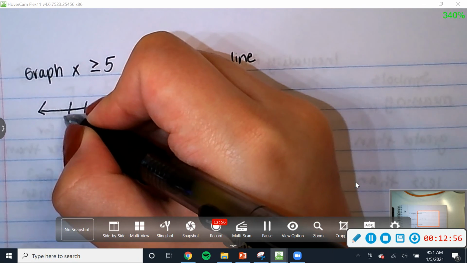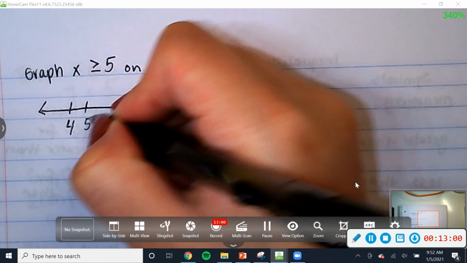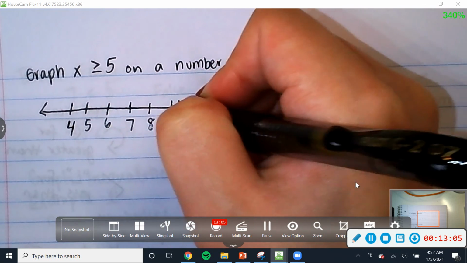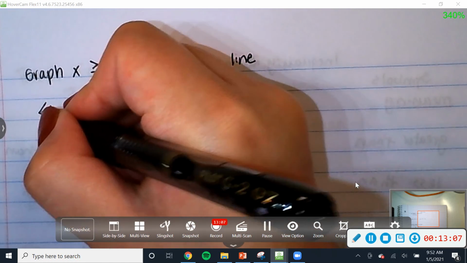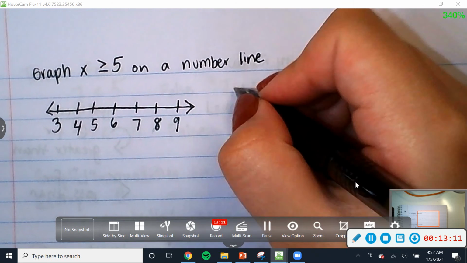Okay, so let's say our number line is here. We have 4, 5, 6, 7, 8, it keeps going. Let's say our number line starts this way. And then we just follow the exact same steps.